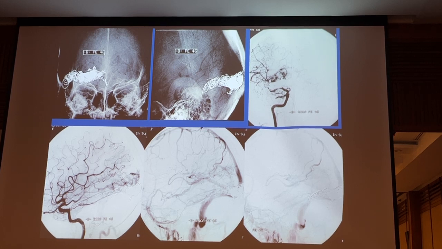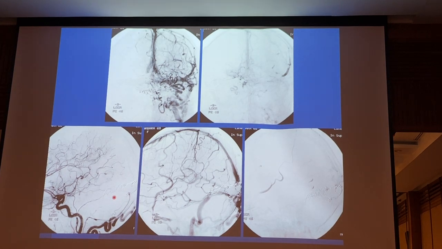The final angiogram shows stagnation of contrast material in the vein, and you can see there's a hyperemic area in the occipital lobe. This is the opposite side. I was afraid of closing these draining veins, the vein of Labbe and vein of Trolard on both sides.